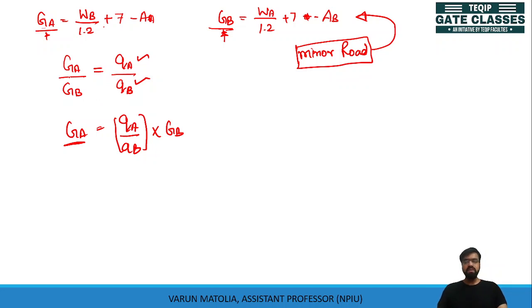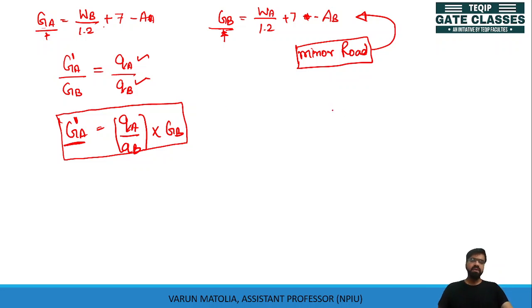If it was equal, we have no problem. To make it enough for the vehicles to clear off, we have to calculate this GA. Now this new GA, let's call it GA dash, if it is the major road, is your actual or new green time.